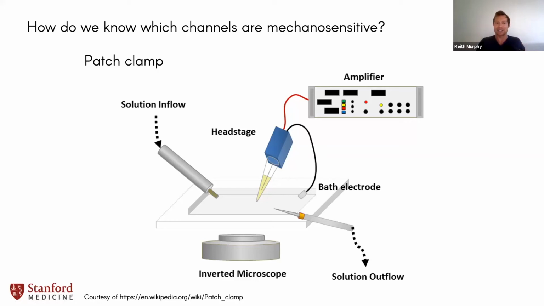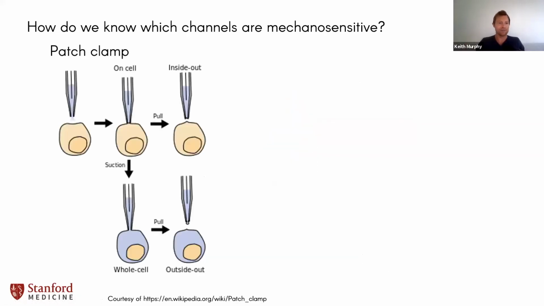And you can ask, does the voltage or current through these channels change? And here's a fun little diagram of what I just described. Here's the glass electrode. There are many ways that you can do this. One is where you just connect and create suction and integrate directly with the membrane.